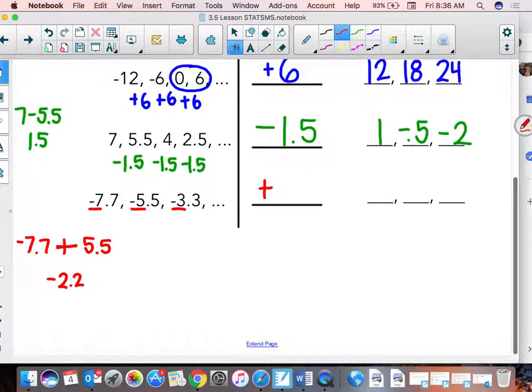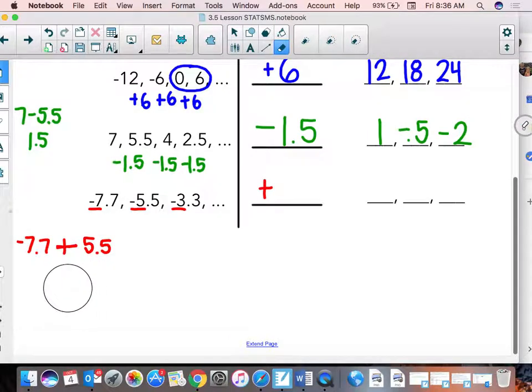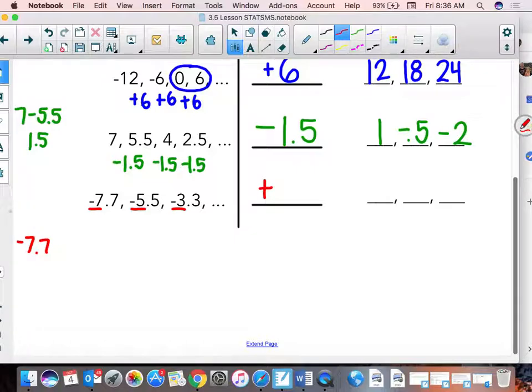Actually, we should probably do it like this. We know we're adding, so we can do 5.5, but then we've got to know that we're adding 2.2, not subtracting it. So negative 7.7 plus 2.2 would give you negative 5.5.